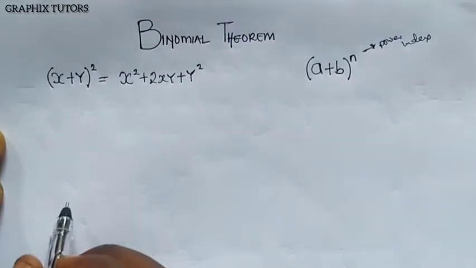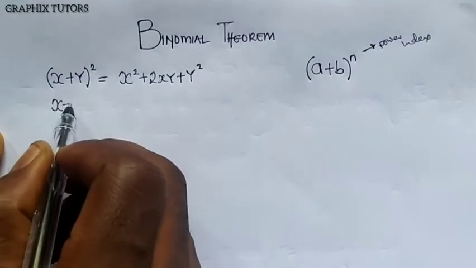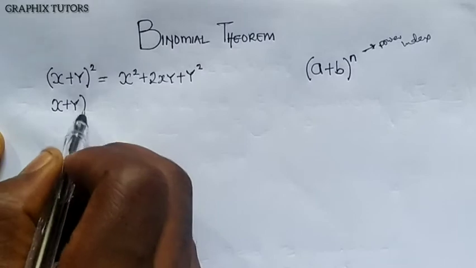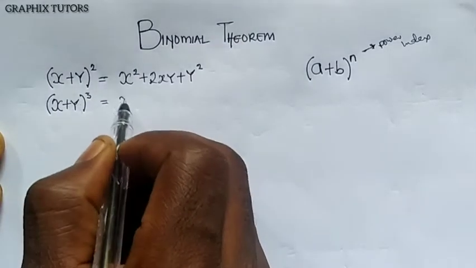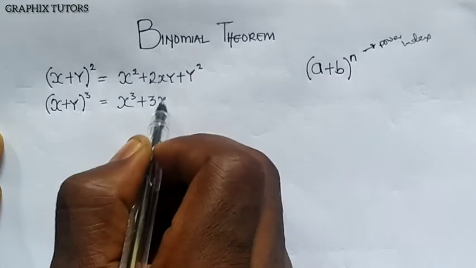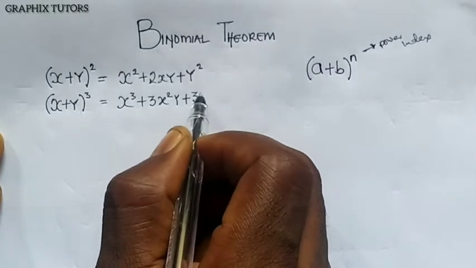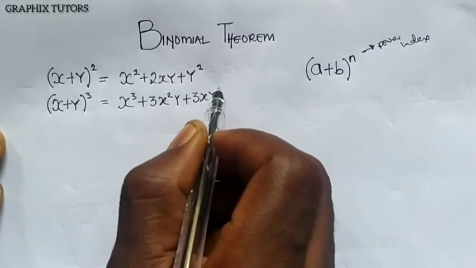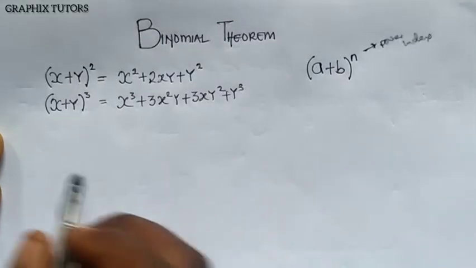And also we know that if you expand x plus y to the power of 3, we'll have x cubed plus 3x squared y plus 3xy squared plus y cubed, and so on and so forth.